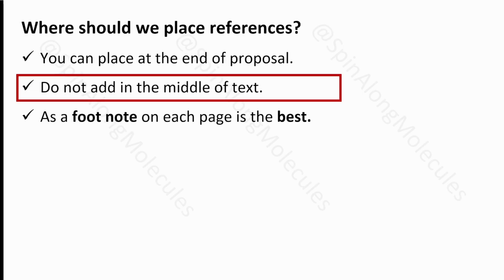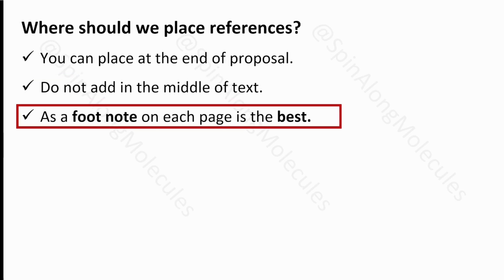It does not look good. Maybe it is easier to track, but again, reviewers really don't look into the references. So these are just precautionary measures, but you should not put them in the middle of the text. The best place, in my opinion, is a footnote on each page, where you are citing that reference number. That reference should be at the bottom as a footnote. That would be the best way.